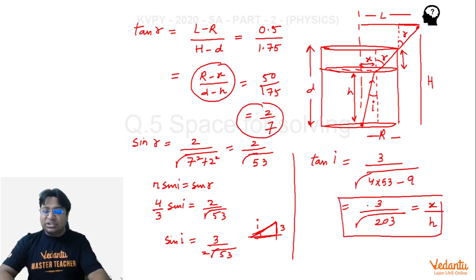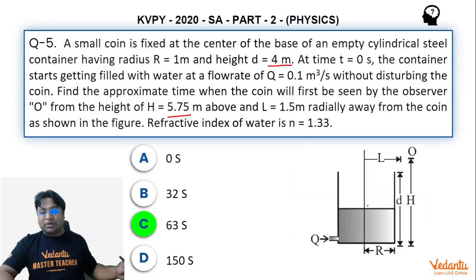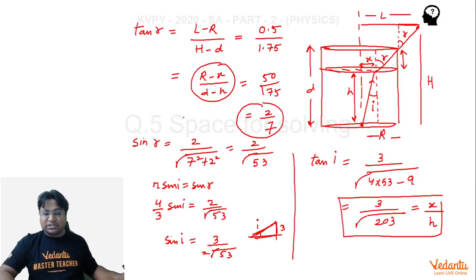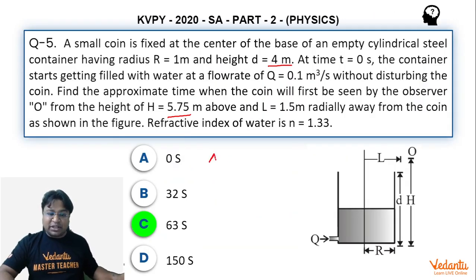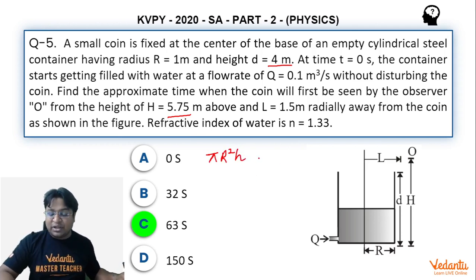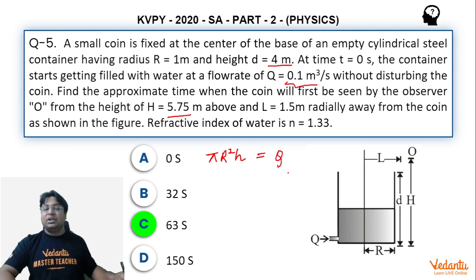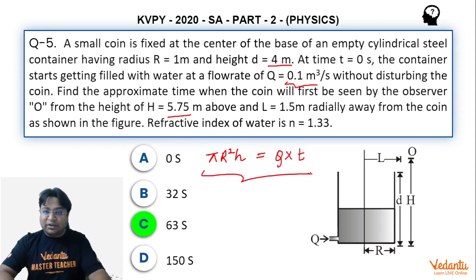So using these two, we can solve for the value of h and x both. Once we get the value of h, what remains to be done is this, like I'll use the space here, pi R square h is the volume of water, and we need to write this volume equal to the volume flow rate, which is 0.1 into the time taken, and from here we are going to get the value of time.